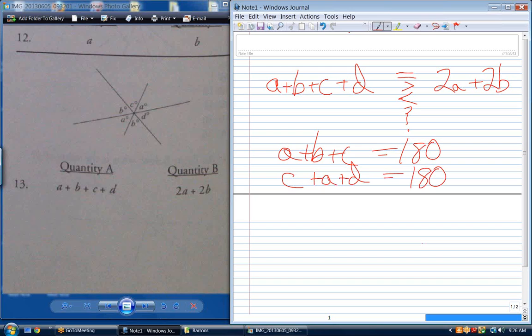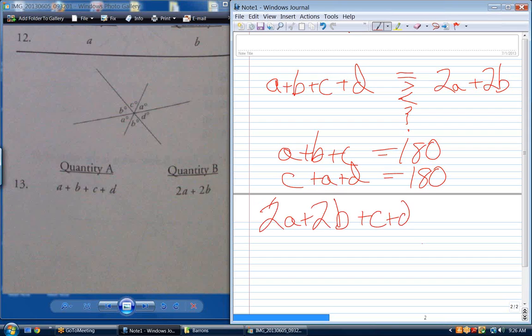Well, in all of them, 2A plus 2B plus C plus D would be 360. Okay, what was that? 2A plus 2B plus C plus D equals 360. Okay. So if that equals 360, then just A plus B plus C plus D would be smaller.